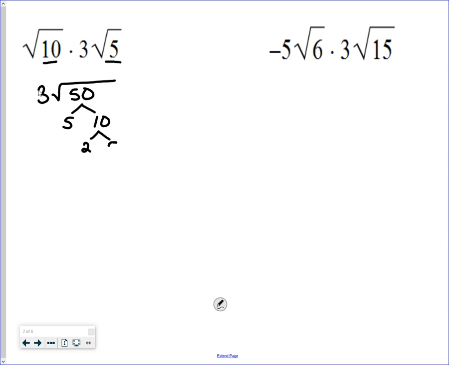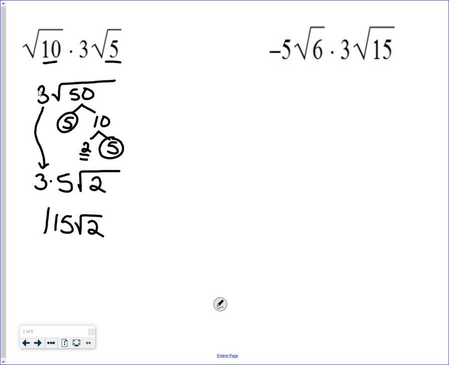But 10 is 2 times 5. Again, I'm looking for that pair and the leftovers. And don't forget to check out front. And remember, this is a big multiplication problem, really. And that's what I get. Okay? Okay, so far so good.